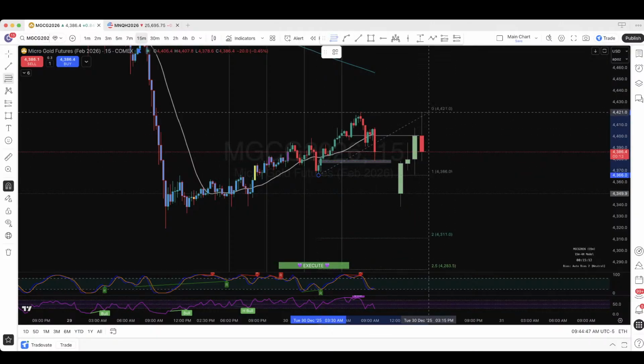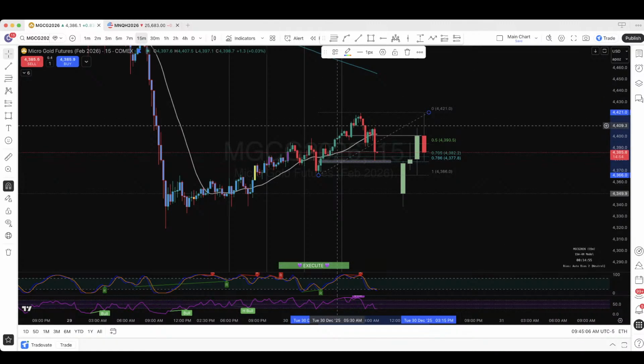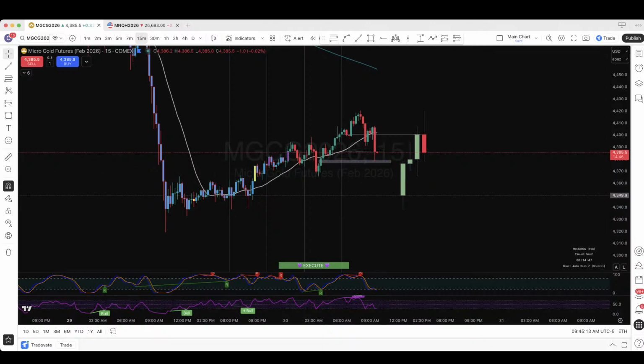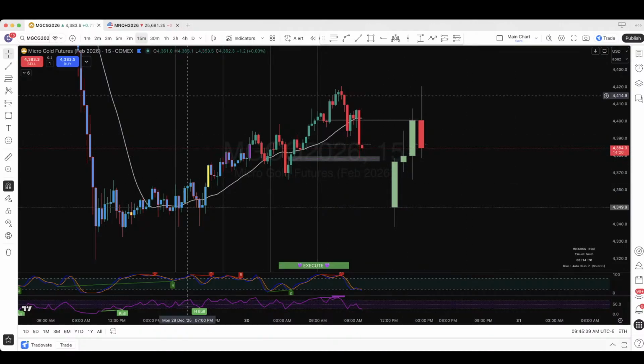This is close to 786. Oh, shocking. A lot of the times fair value gaps are the 786. Doesn't mean it's going to hold. Just meant it was going to bounce there.